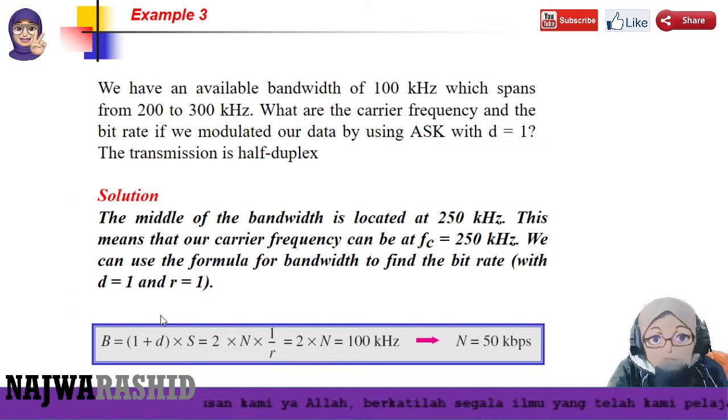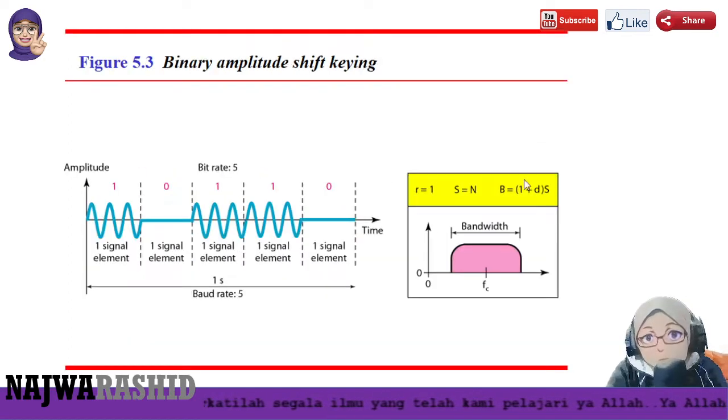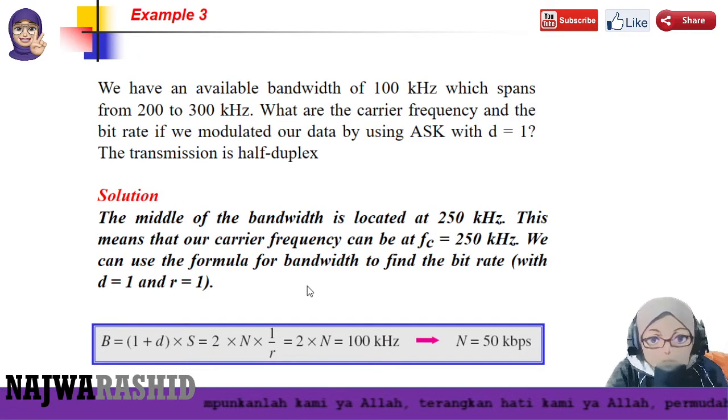Bandwidth is equal to (1 plus D) times S. Based on this formula, R equals 1, S equals N, and bandwidth is (1 plus D) times S. So 1 plus D, where D is equal to 1, times S. So 1 plus 1 equals 2 times N, since S and N are the same, times 1 over R. So 2 times N equals 100 kilohertz.